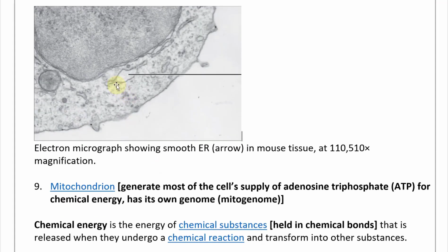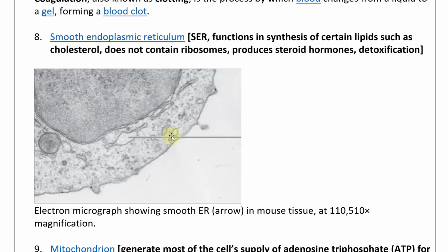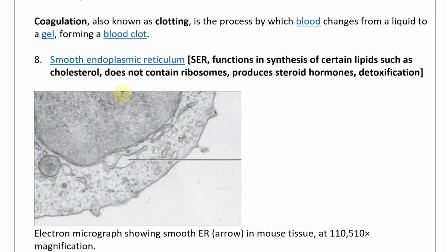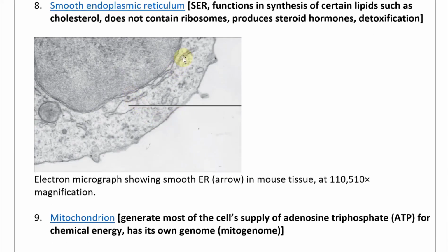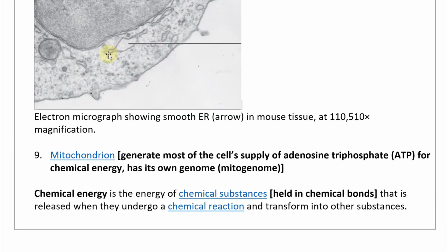That's absurd. So zooming in all the way, this is a smooth ER, or smooth endoplasmic reticulum. It's just this blob right there. It's very fascinating, but again, this doesn't look like much of anything.